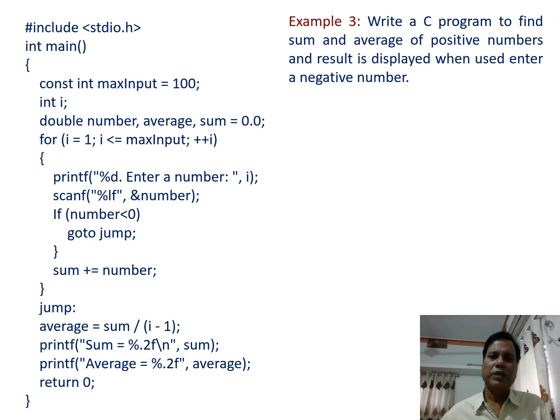When a negative number is entered, control transfers to the jump label using the goto jump statement. So at the jump label, average equal to sum upon i minus 1. So the average is calculated and then print sum equal to %0.2f, sum.